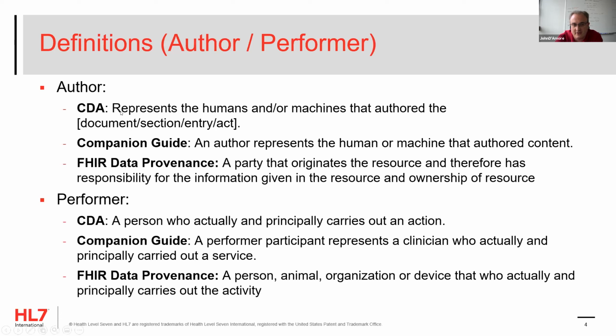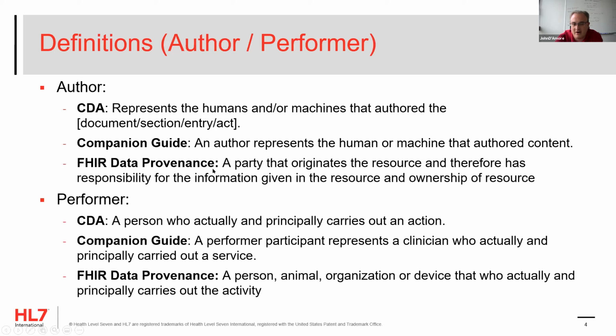So the author represents the human and/or machines that authored the document, section, entry, or act. That's added because it refers back to the document level in the CDA definitions. From the companion guide, it's the author that represents the human or machine that authored content.